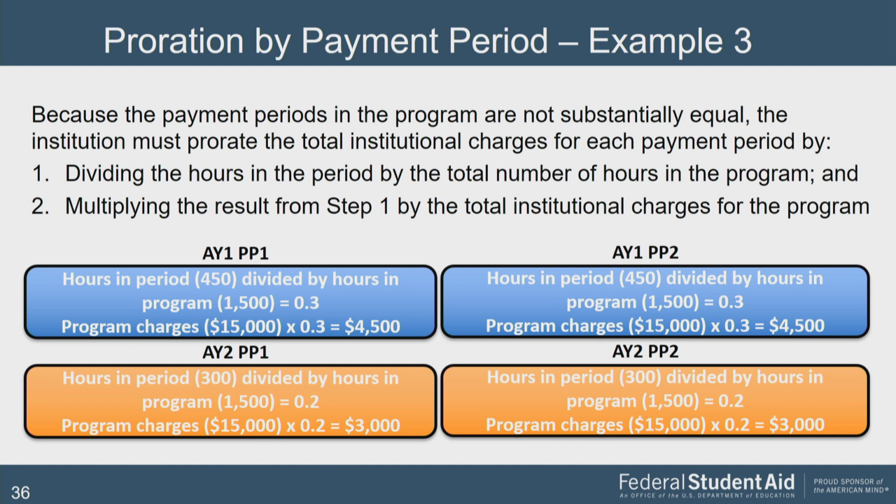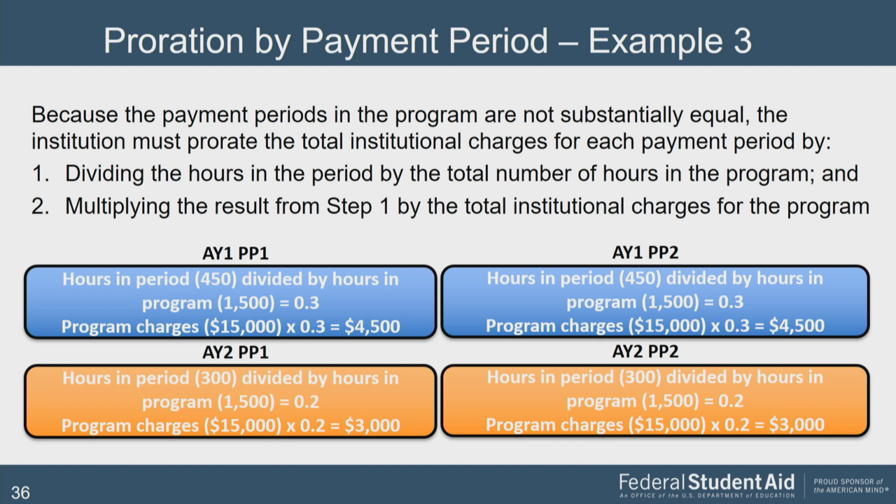Because of that, the institution has to prorate the institutional charges for each of the payment periods by dividing the hours in the period by the total number of hours in the program and multiplying that result by the total institutional charges for the program. And you can see how that's been done here. Hours in payment period number 1 are 450, divided by the number of hours in the program, 1,500, giving us 0.3.